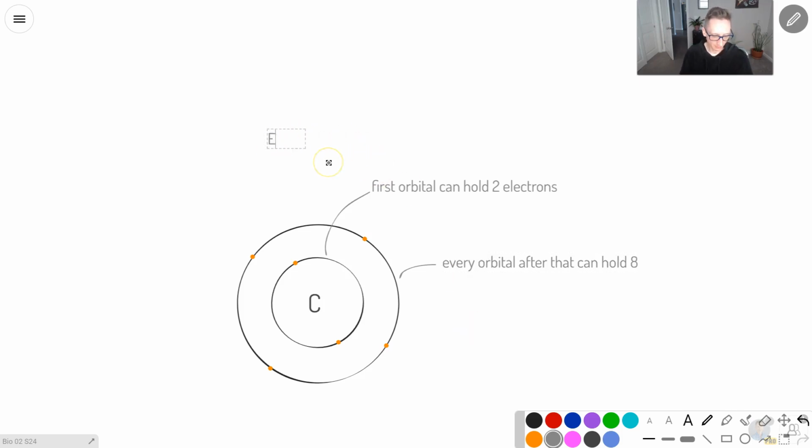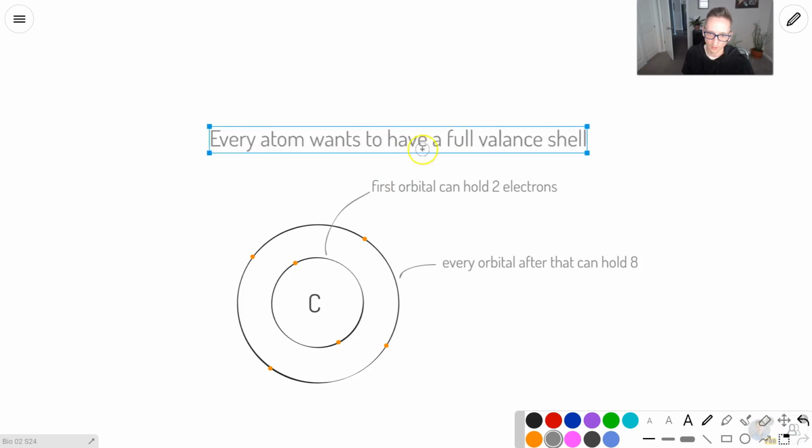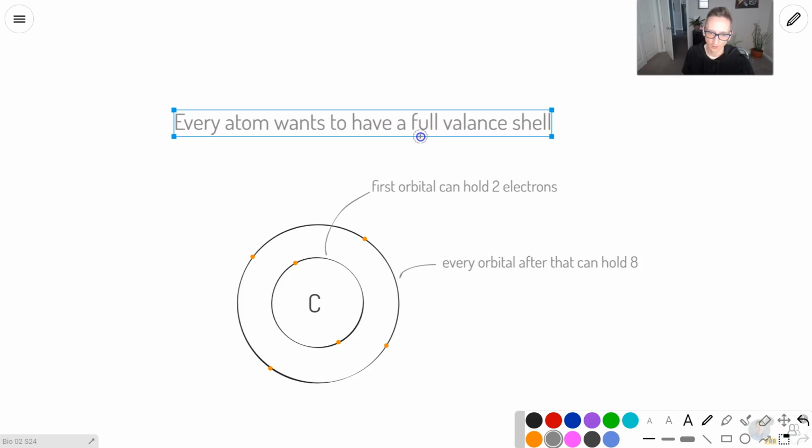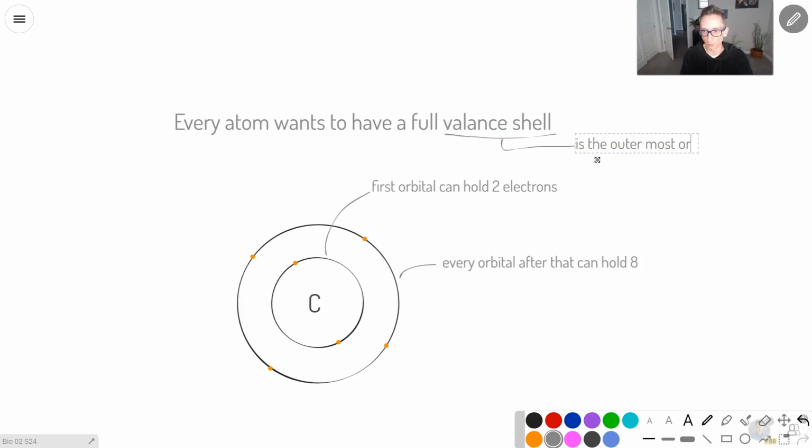And every atom wants to have a full valence shell. What does that mean? The valence shell is the outermost orbital.